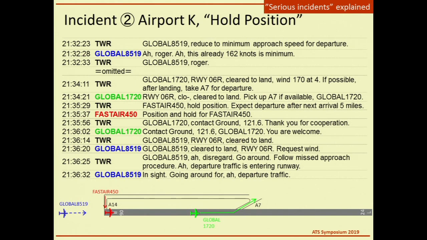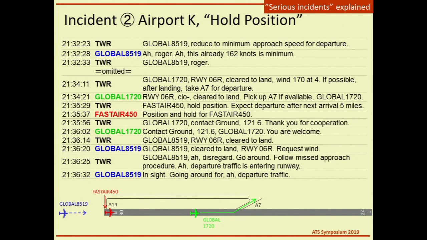Global 8519, reduce to minimum approach speed for departure. Roger, this already 162 knots is minimum. Global 8519, Roger. Global 1720, runway 06 right, clear to land. Wind 170 at 4. If possible, after landing, take Alpha 7 for departure. Runway 06 right, clear to land.